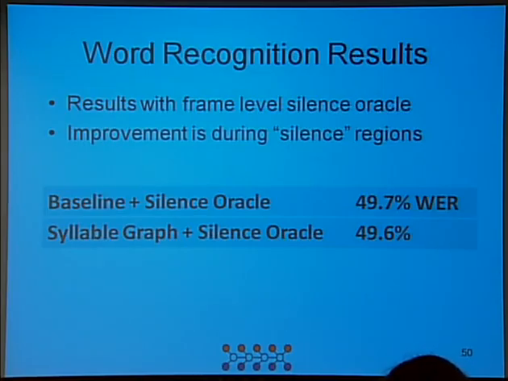So we took the transcripts and let the recognizer know exactly which frames are silence, so it's only left to decode the speech within the speech regions. And you can see the results here are approximately the same. So you can tell the improvement from the previous slide is coming during the silence regions.